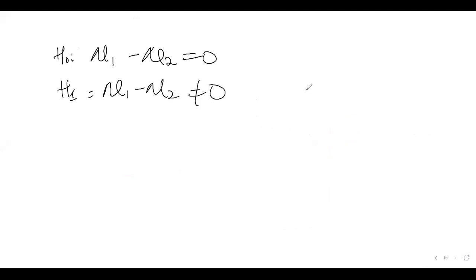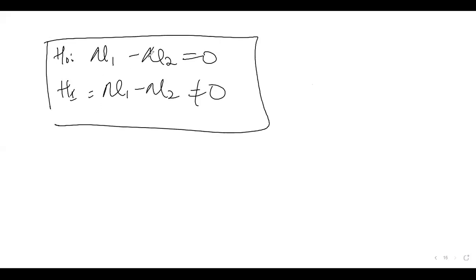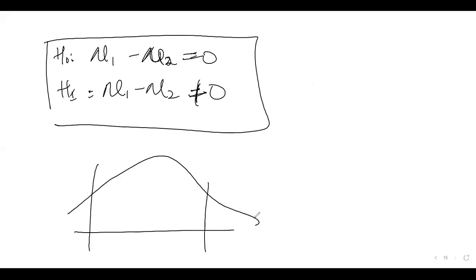If you don't know the direction, if the question doesn't give so much clue to know whether it is a standard or a status quo or a claim, when you are dealing with independent samples, by default, this should be your hypothesis. The null is that there's no difference between the first group and the second group. The alternative is that there is a difference between the first group and the second group. So it will always be two-tailed, all right? If you are not sure of the direction, or if the question is silent, state the hypothesis in this way, okay? All right.